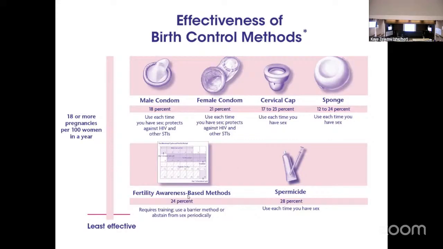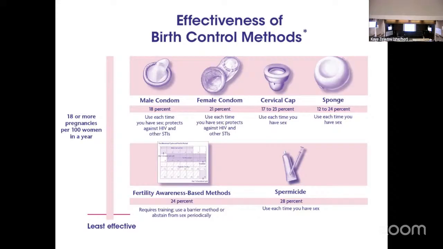I want to make a note about these fertility awareness-based methods because I didn't mention them when I was talking about those different classes. What those are doing is using understanding of what physical changes you expect to see throughout a menstrual cycle to determine when ovulation happened, and then planning intercourse to avoid that period when you would expect to see a viable egg cell moving through the reproductive tract.